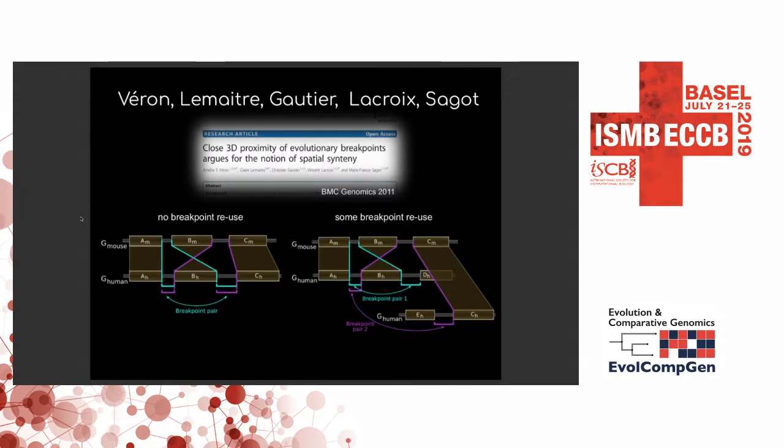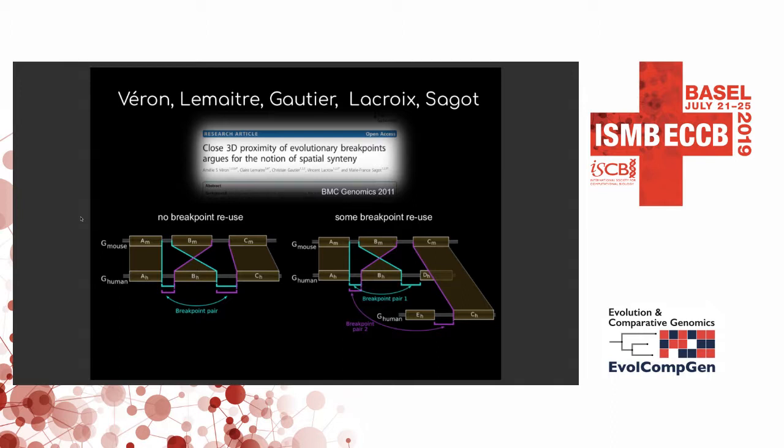So the problem that we're trying to address in this study is that, okay, when there's no breakpoint reuse, pairs of breakpoints are easy to match up. When there's some breakpoint reuse, it gets complicated, but there are some cases you can look at.